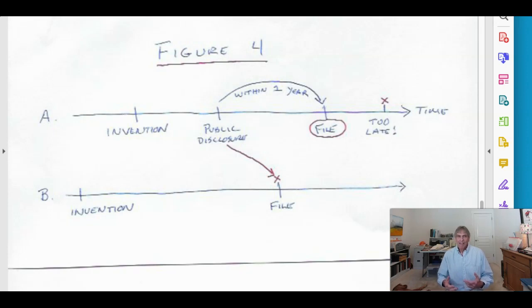Typically, one can't get a patent if there's been a public disclosure prior to filing. Thus, if others disclose the invention before you file, you are typically cooked. Similarly, if you disclose, others then cannot get a valid patent. That's what Figure 4 depicts when A discloses before B files.